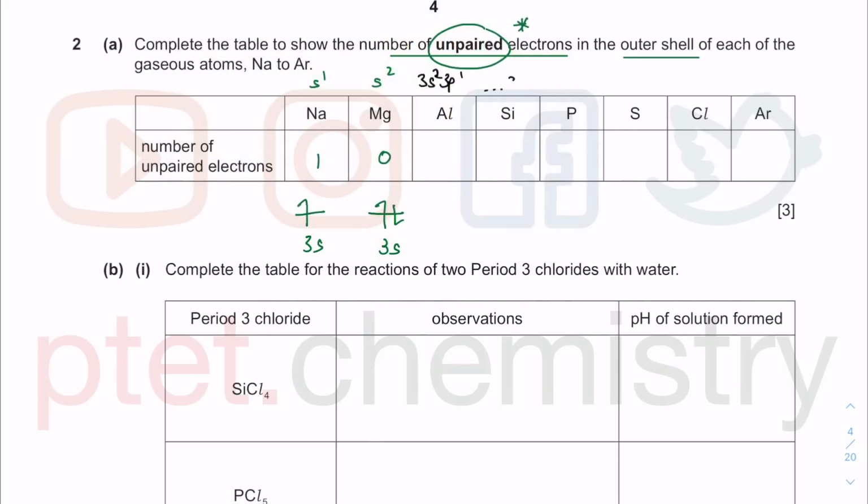So 3p2, 3p3, 3p4, 3p5. And now you have fully filled your p orbital. So 1, 2, 3, 4, 5, 6. This is the noble gases. Fully filled outer shell, including the fully filled 3s orbital. There are no unpaired electrons.